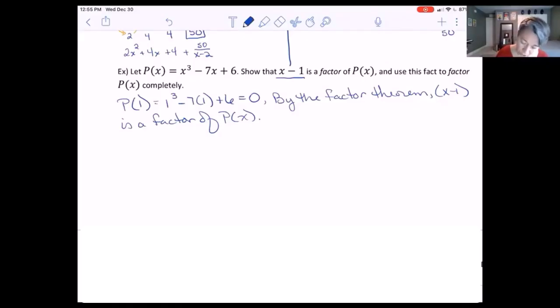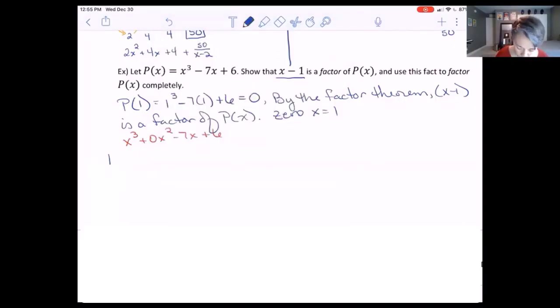So here our 0 is x equals 1. So we're going to divide by that 1. And again, our original equation in descending powers would be x cubed plus 0x squared minus 7x plus 6. Every type of term from the largest to the smallest has to be counted for.